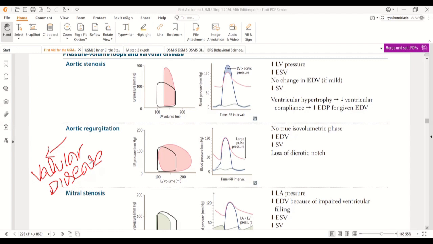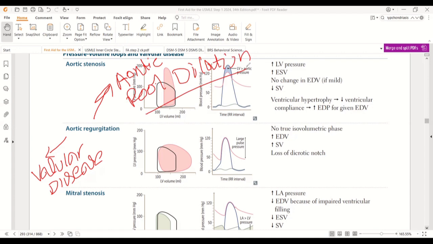If the cause of the aortic regurgitation is aortic root dilation, where can you hear this murmur? At the right upper border, the right second intercostal space.